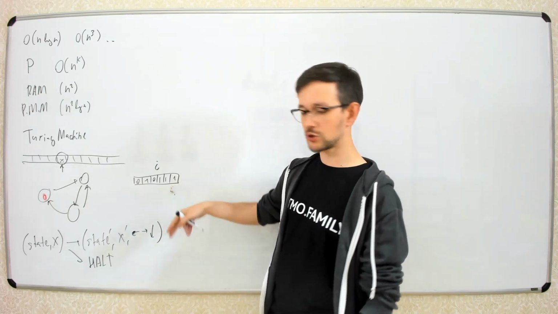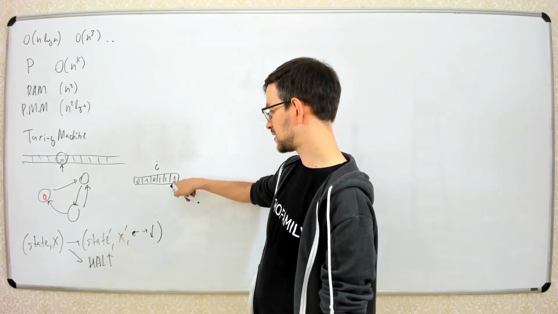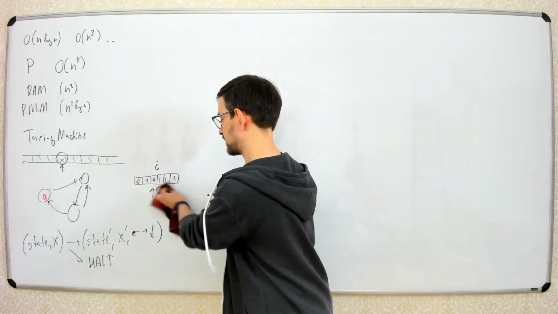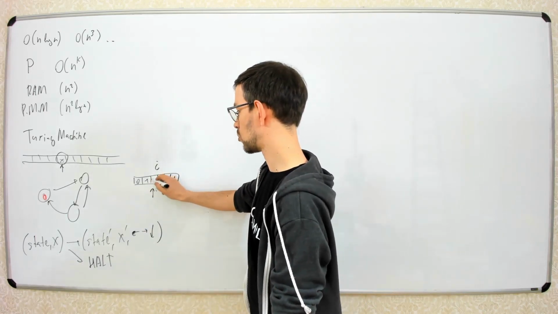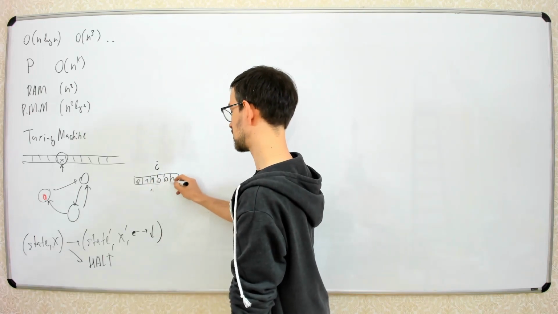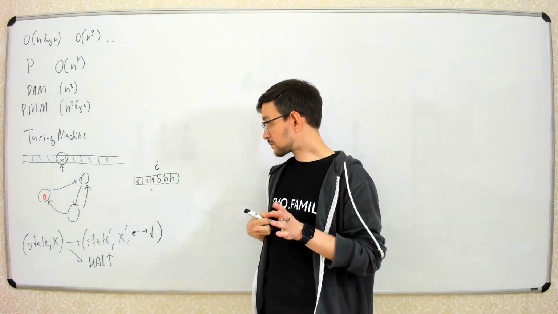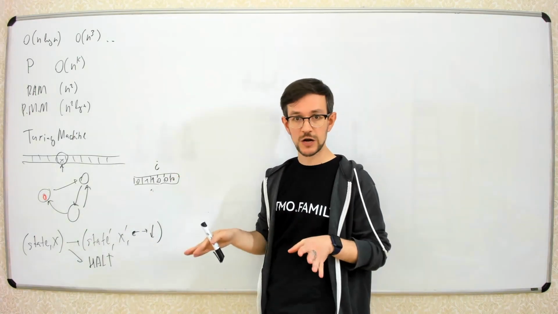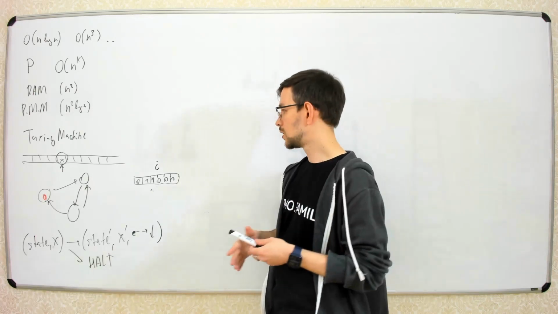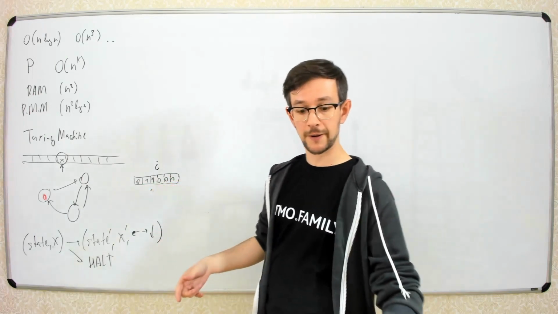Next time you want to add 1 to this number, you go here, find this bit is 1, so you go left, left, left, find this 0, increase this 0 to 1, then go here, change all these 1s to 0s, and so on. Even this simple operation is kind of complicated in the Turing machine model, but it's still polynomial. So +1 takes a polynomial number of operations in the length of this number I.